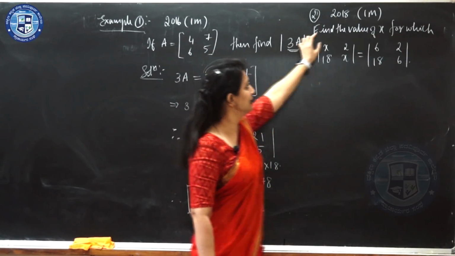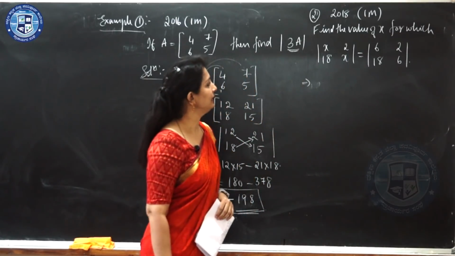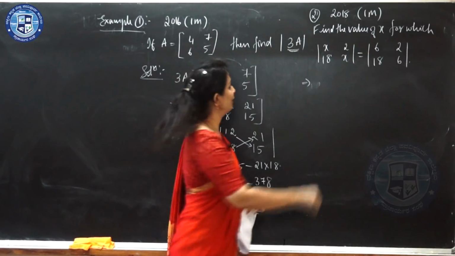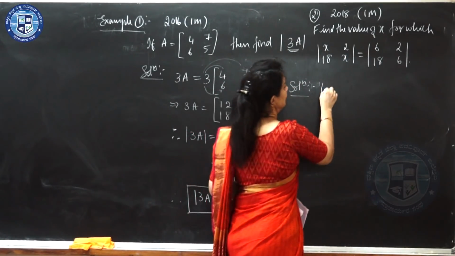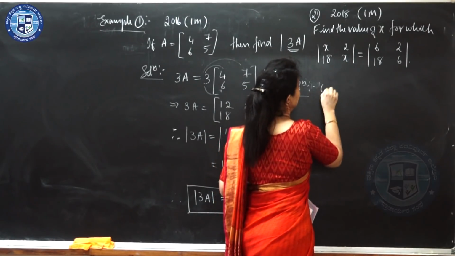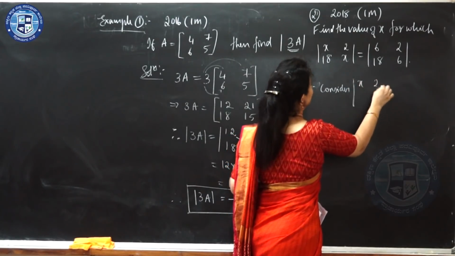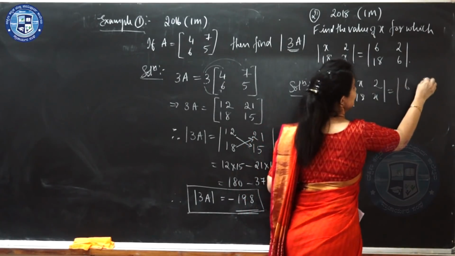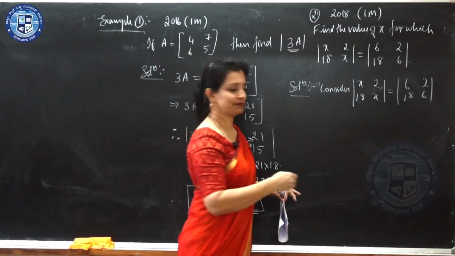It's very simple. Look at this. Which can be written as, that implies, here we consider the two determinants are equal. So consider the solution. Let us consider the determinant of x, 2, 18, x is equal to the determinant of 6, 2, 18, 6. Okay, you know how to expand this.